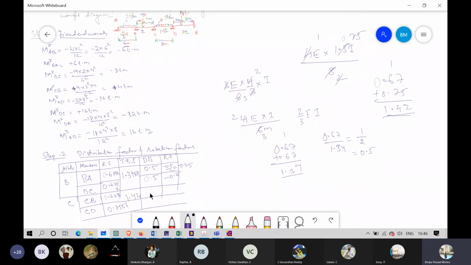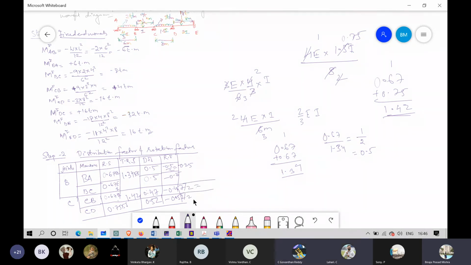Please calculate how much the distribution factor will be. It is 0.47 for this one, and 0.52 for the other. So again, this one will be minus 0.47 divided by 2, and this will be minus 0.52 divided by 2.